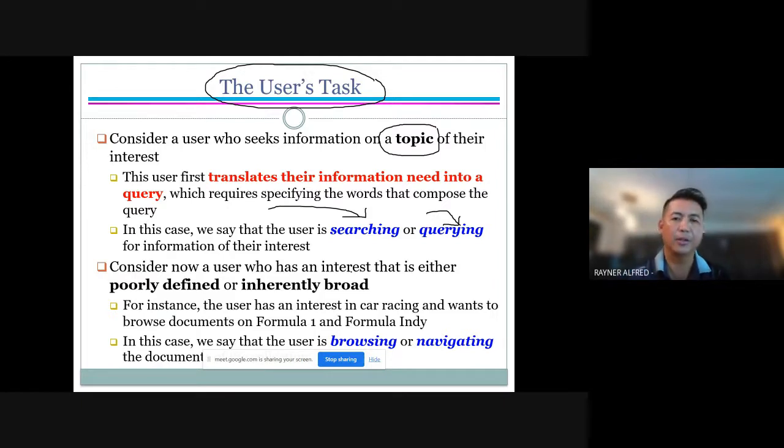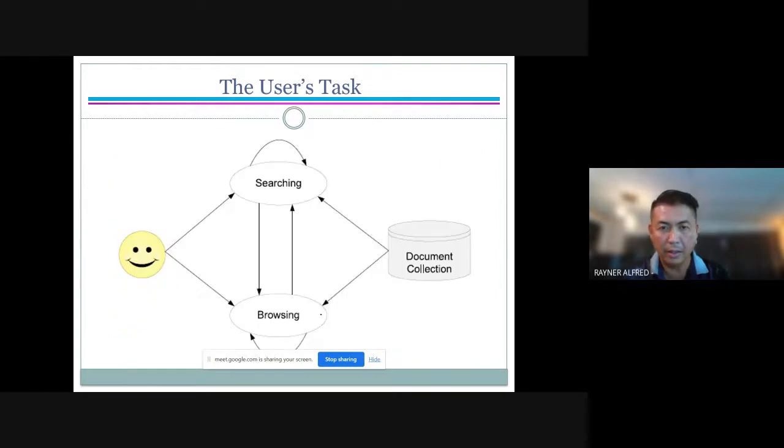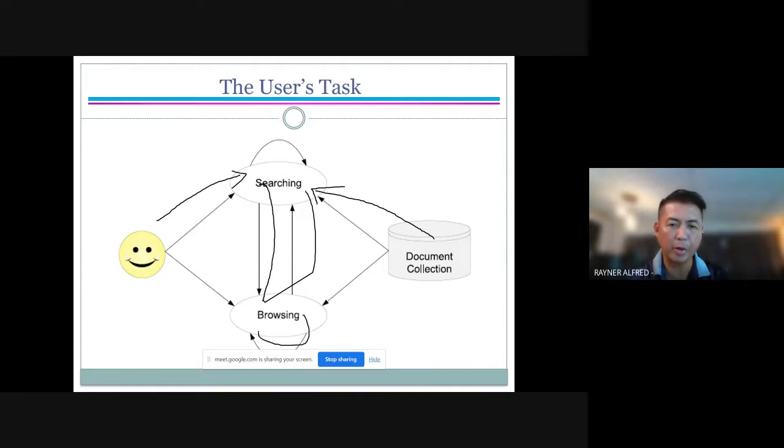Okay, so this is you. You key in the keyword here, and then they will respond to you by sending you the document. Then you will browse the document, and then maybe you search again or you browse again, and the operation is more like this.